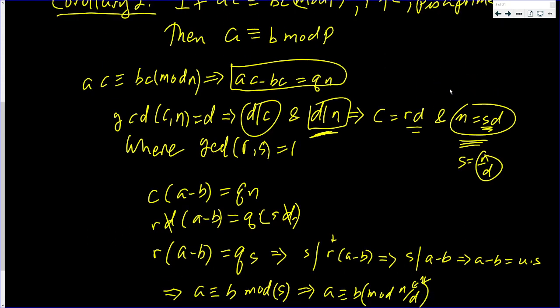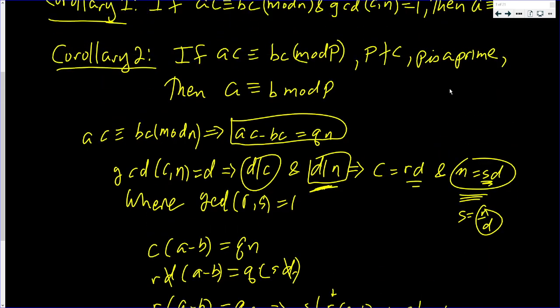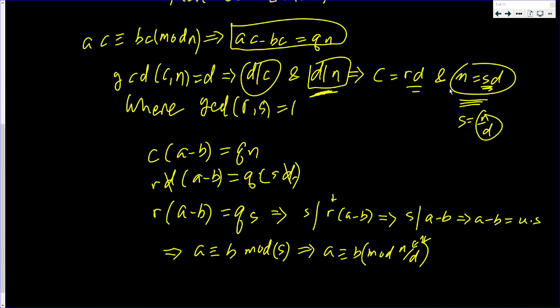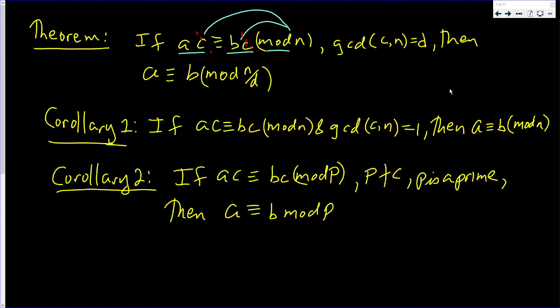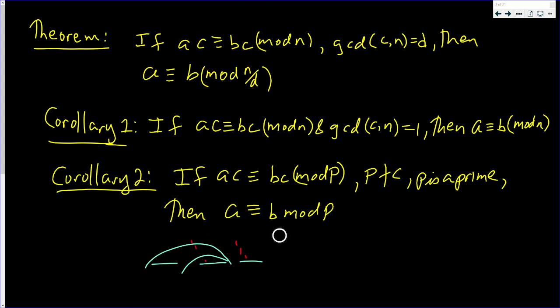Okay, so let's erase this. We have the result of the theorem. This theorem says that, well, let me just move away anything and everything that I wrote on it. Okay, that's what the theorem says.